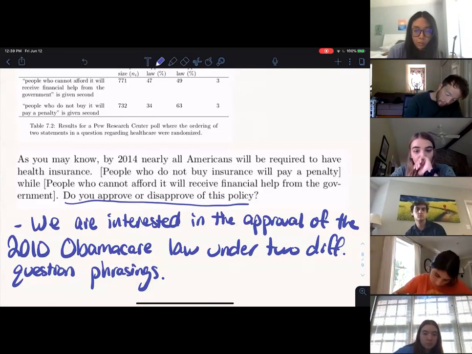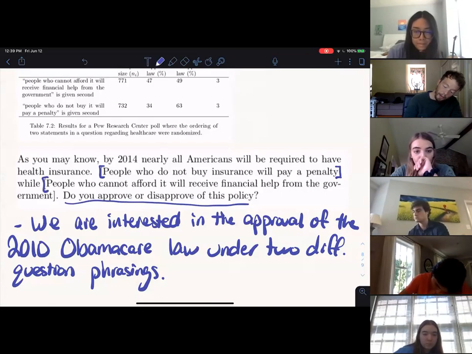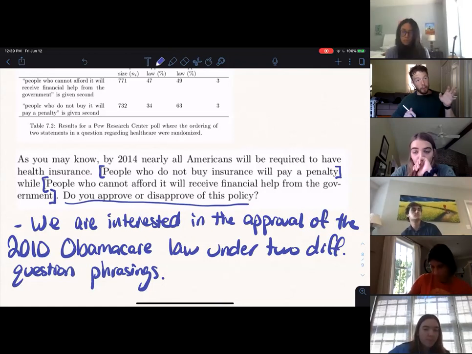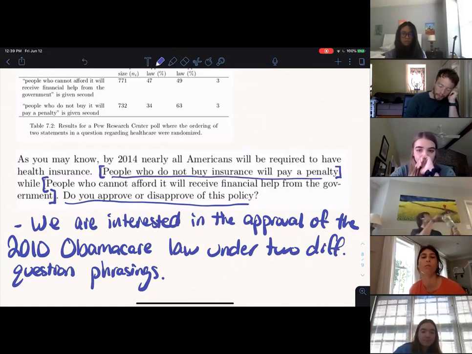But something that's really cool is there are 2 points that they make about Obamacare. There's people who do not buy insurance will pay a penalty, and people who cannot afford it will receive financial help from the government. What they did is they asked this very same question to two different groups of people. For one group, this first point was said first, and the second point was said second.